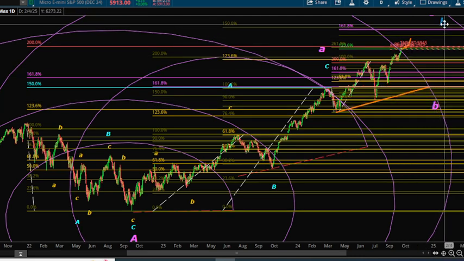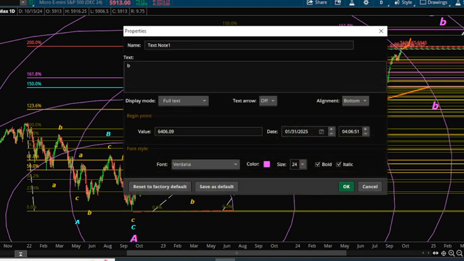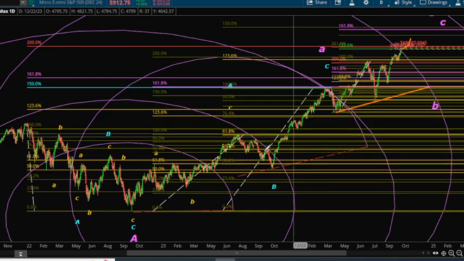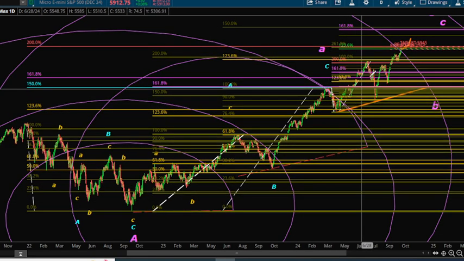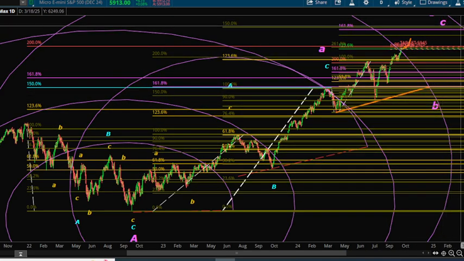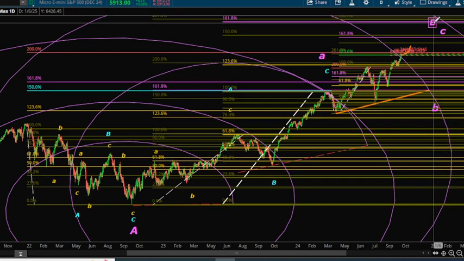And then that would finish up here. Like I said, this would be an A, B, C, D, E to finish B, move up in C, and that would finish the B wave here.